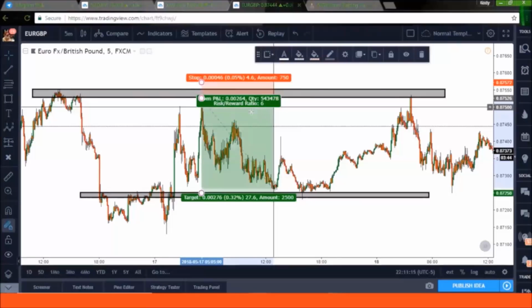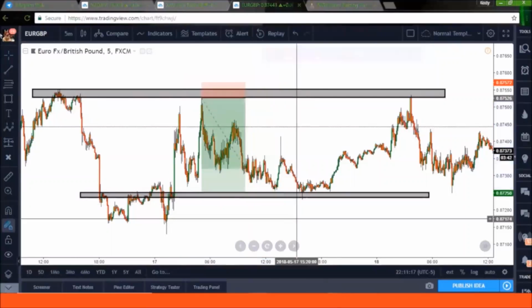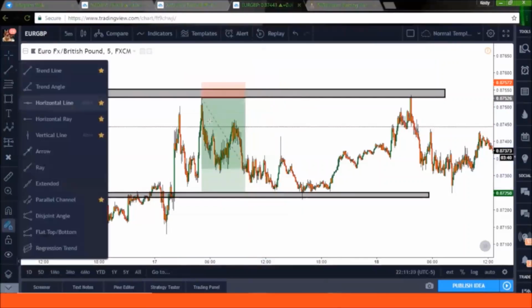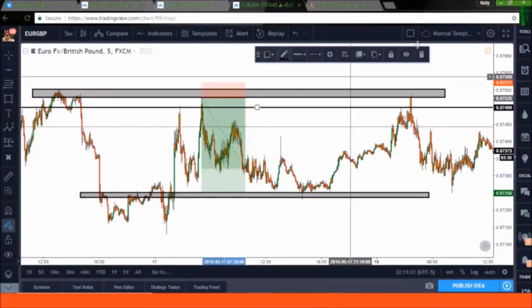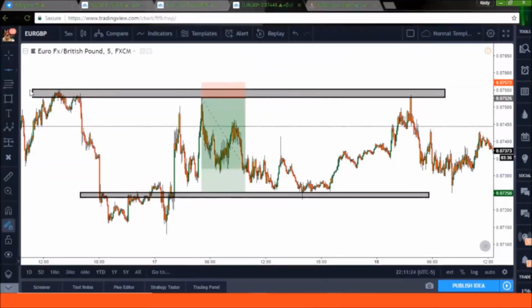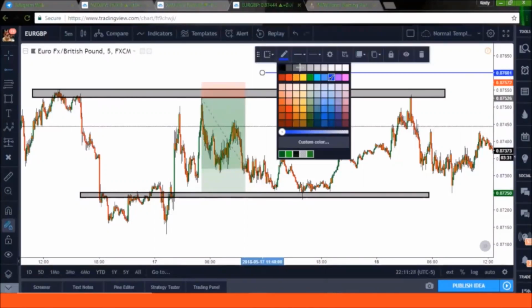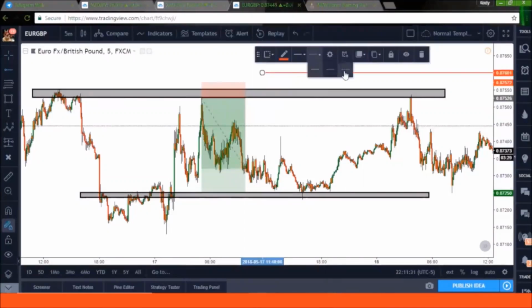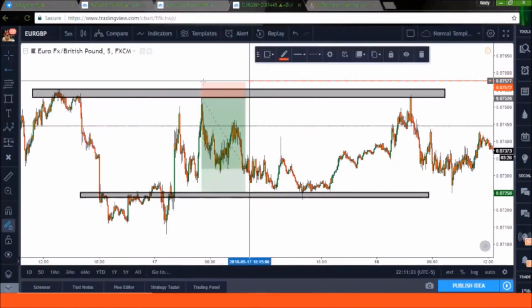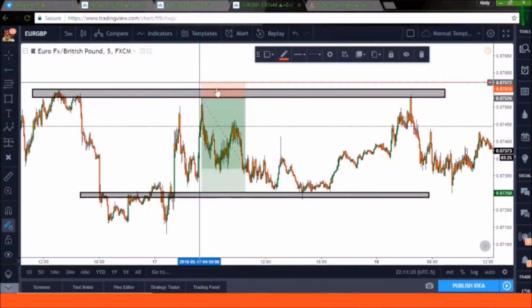Now what's going to happen, and let me get my horizontal line here. I want my horizontal ray, and let's make it red to symbolize that this is a stop loss. So we're going to start off with our stop loss right up here as shown.